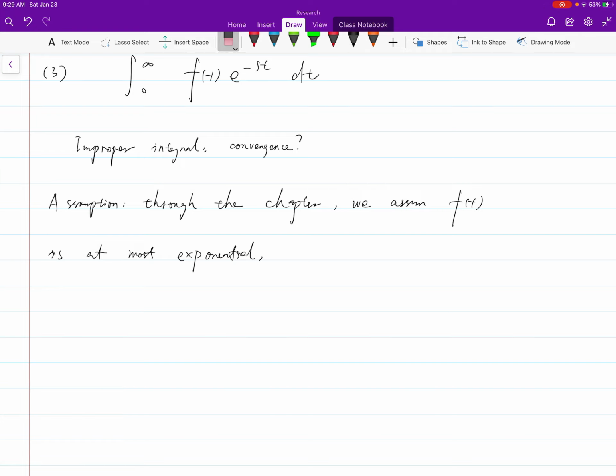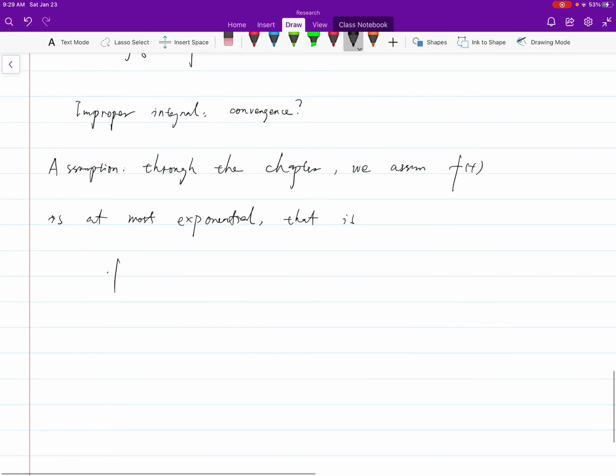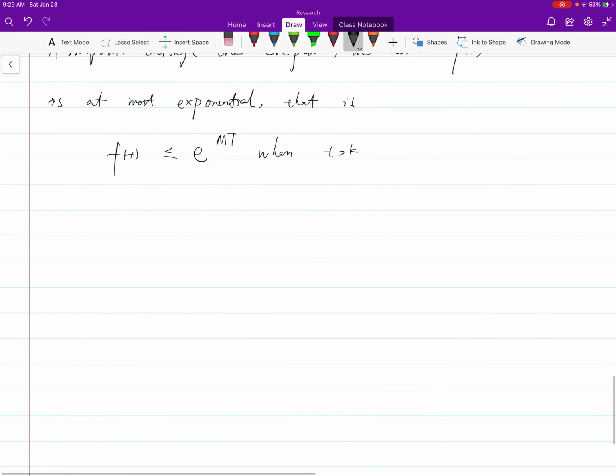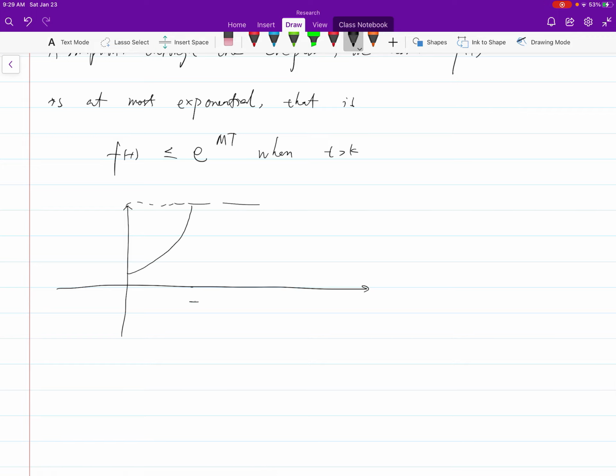That is, the absolute value of f(t) is less than or equal to e to the mt when t is bigger than some capital T. That means your f(t) can grow exponentially up to a point, capital T, and after that you're below this.